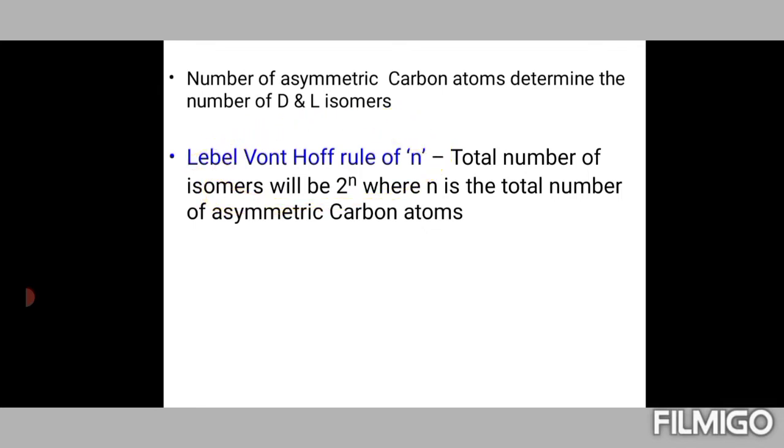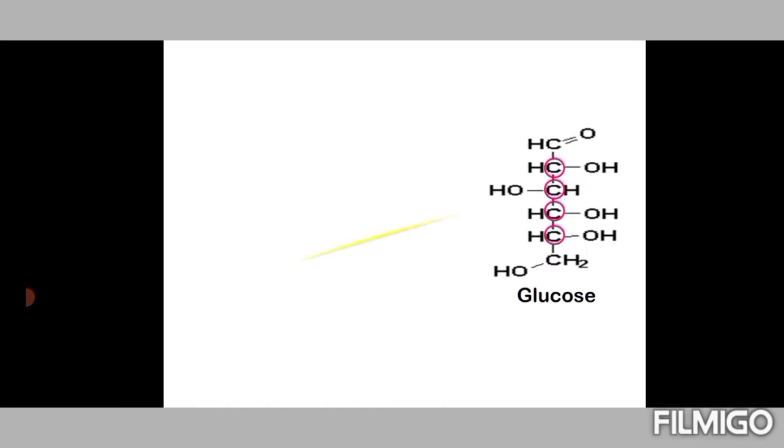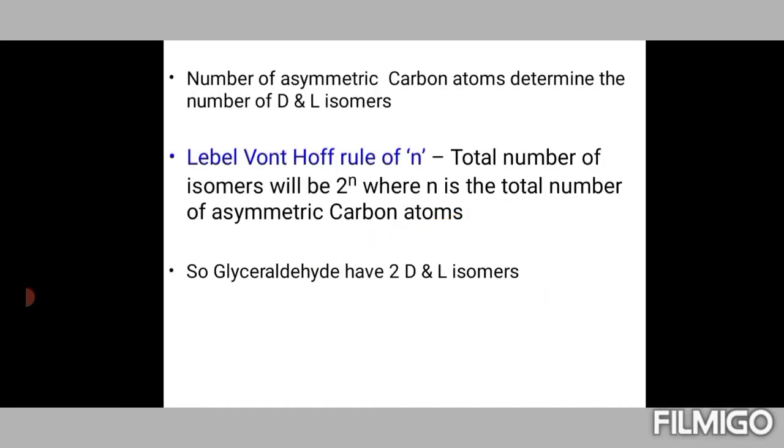It says that the total number of isomers will be 2 raised to n, where n is the total number of asymmetric carbon atoms. N stands for the number of chiral centers. In glyceraldehyde, there is just one asymmetric carbon atom, so 2 raised to n is 2.